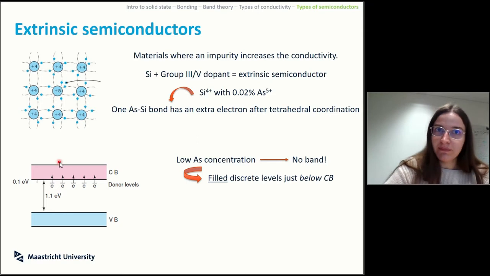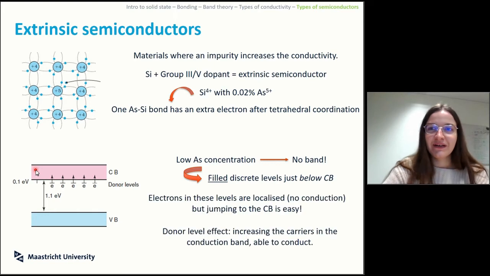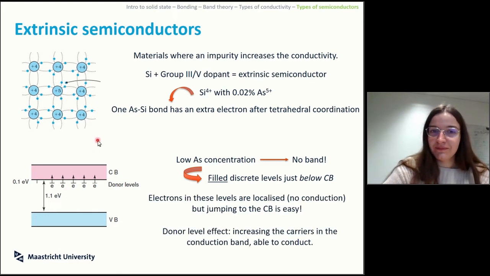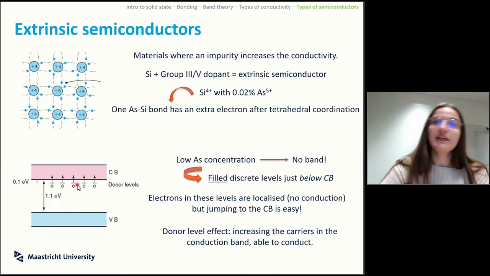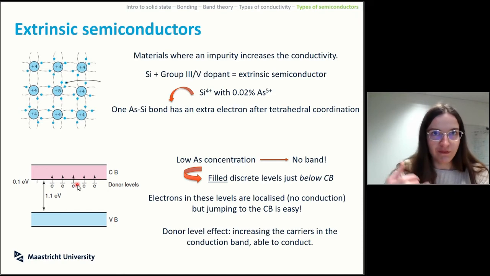So you can jump up very easily because this is a super tiny gap, and at that point there are extra electrons in the conduction bands that have nothing to do with the temperature. So here you jump from the localized level into something that is a band. So when you are in a band, then you can easily conduct because you have mobility in an energy space.